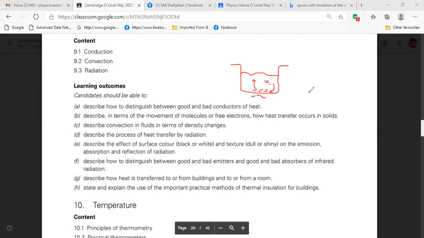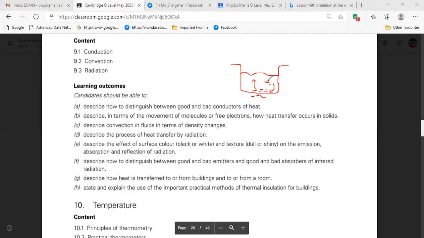And hot molecules are less dense, they rise up. This way, there is circulation of molecules, and the heat is transferred in the whole liquid. Is it clear?